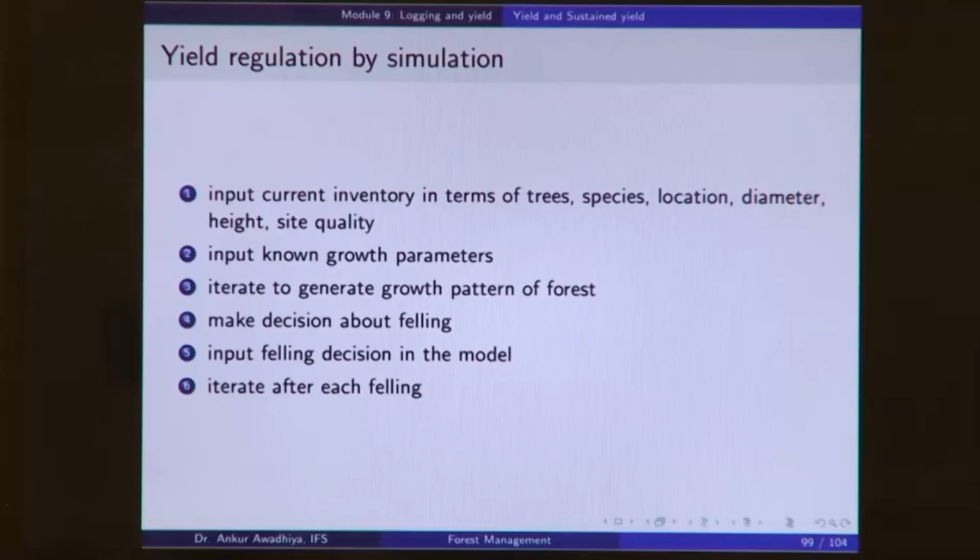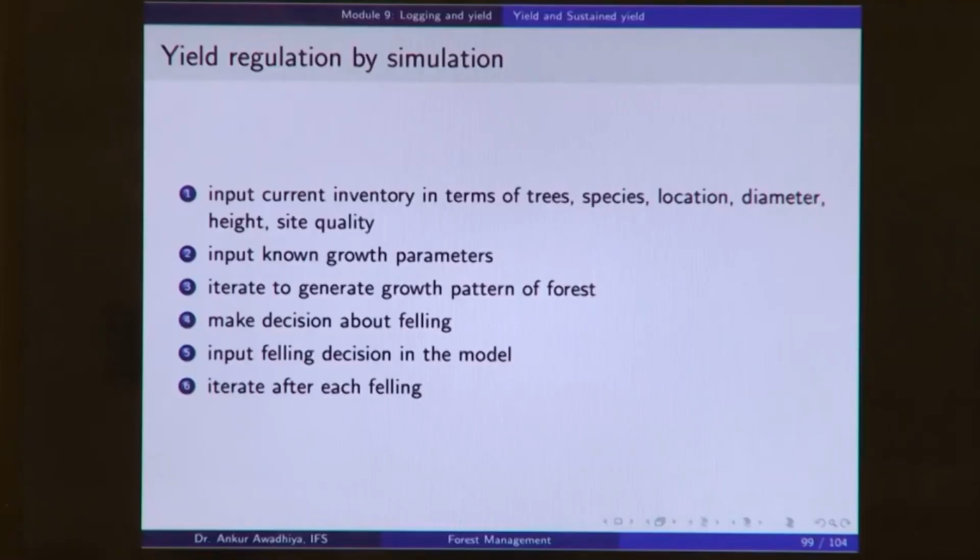What would be the situation? And at that point of time, which is the other tree that I can remove? So, you can do these iterations again and again to figure out which tree needs to be removed and also what will be the volume that you will be getting out of this removal.